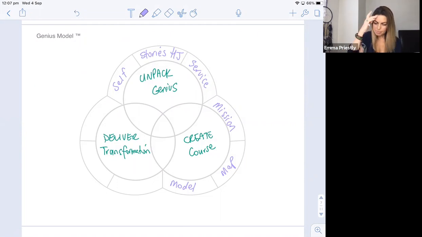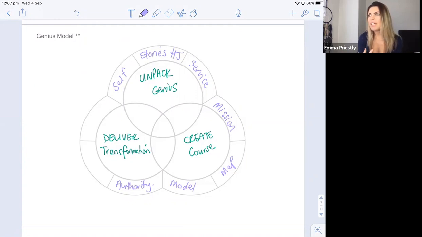Now, moving over to deliver transformation. So this part here is firstly about authority. We all know what authority is, right? And you want to be the authority in your area, in your industry. I get it. However, what if we had the ability to take away competition and instead get clear on your culture?